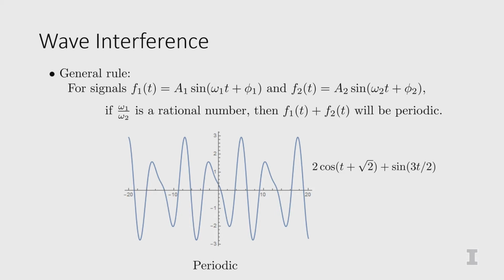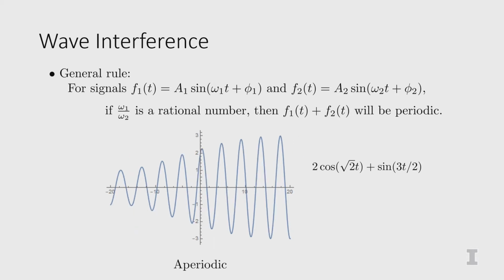On the other hand, here we add two waves. Here the frequency is square root of 2 on this cosine, and here it's 3/2. Square root of 2 is an irrational number, a non-rational number, so if we look at this ratio, it's not rational. And in fact, this is aperiodic. You might look at it and say, well, this looks fairly periodic to me.